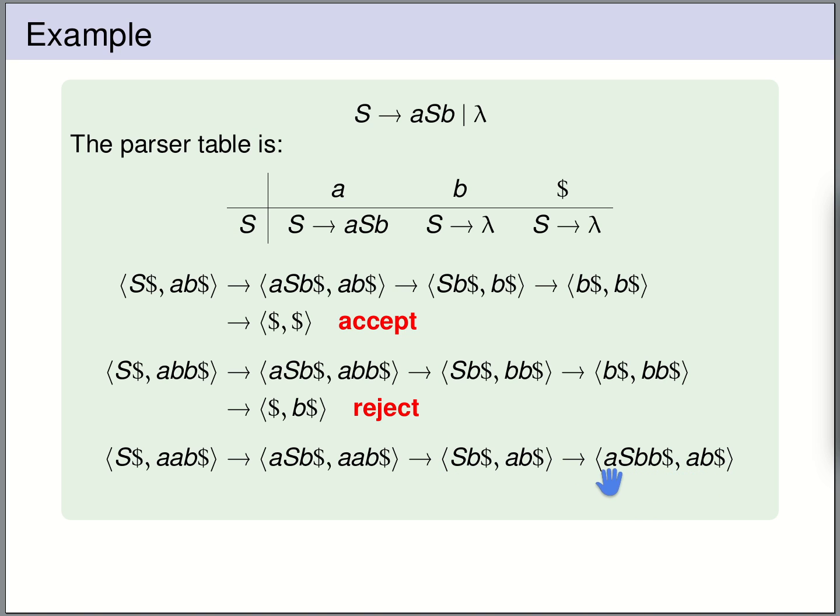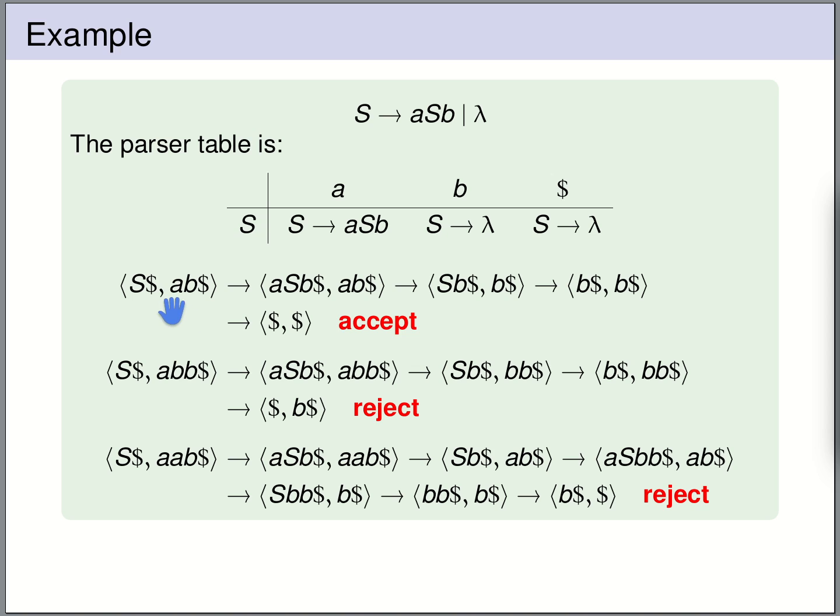The A matches again. We drop the A. From S we want to derive a B. The parser table tells us the only way to do this is by rewriting S to lambda. So we rewrite S to lambda. We get BB$, B$. The B matches and can be dropped. So we get B$, $. And again, at this point, there's nothing we can do. So we have to reject.